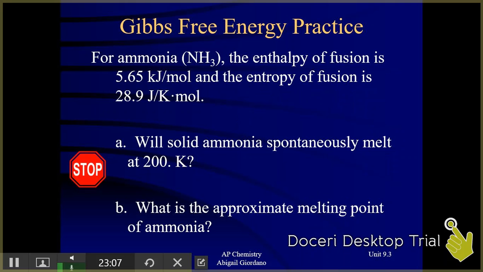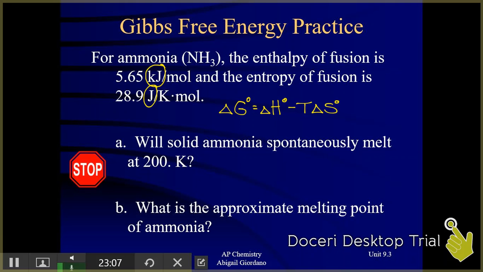Before you try this problem on your own, let me call your attention to units. Units are really tricky here. Let me write this equation one more time. If you are trying to plug multiple things into this equation, they have to be in the same unit of energy.